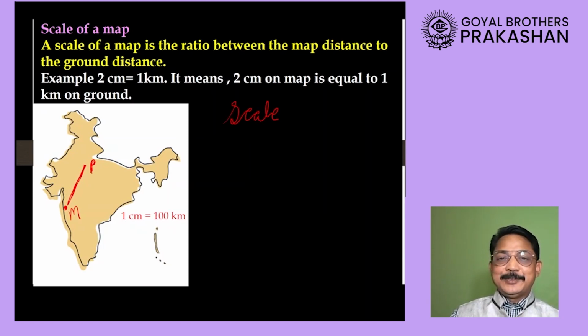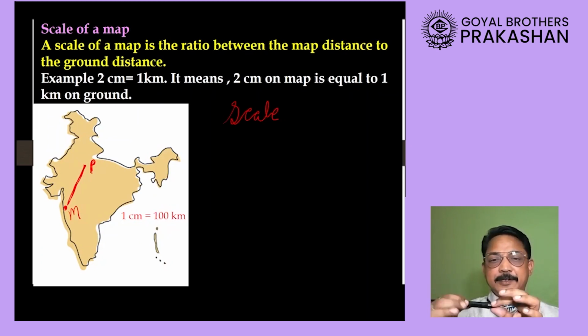That means the distance present on the map, and how much is the distance present on the ground. So finding that on a map will become very easy. You simply take the scale and put it between M and P, and you will find the distance.